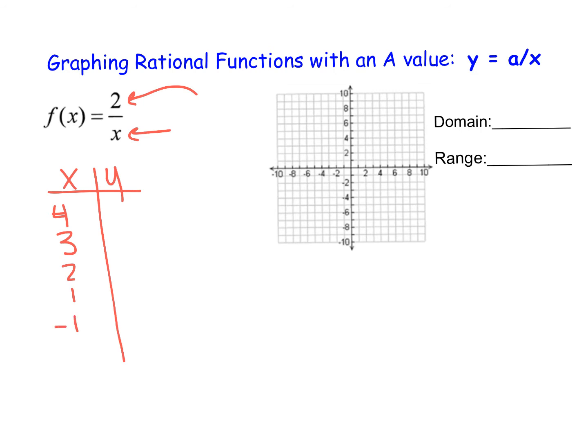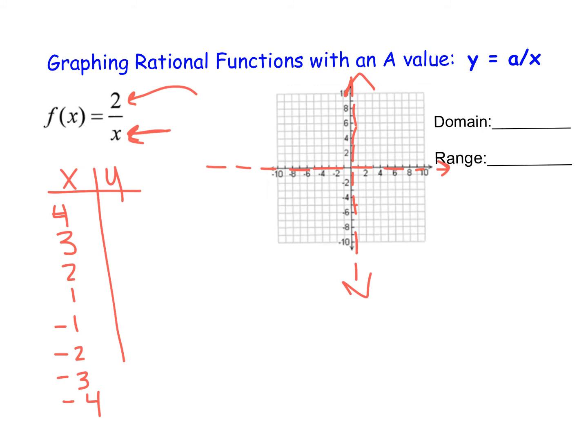Then I'm going to look at -1, -2, -3, and -4. Because I know that the denominator can't be 0, I know that there's an asymptote here, and then we have our asymptote here. So just based on the parent function, we know that we're going to have a vertical asymptote at 0 and a horizontal asymptote at 0.